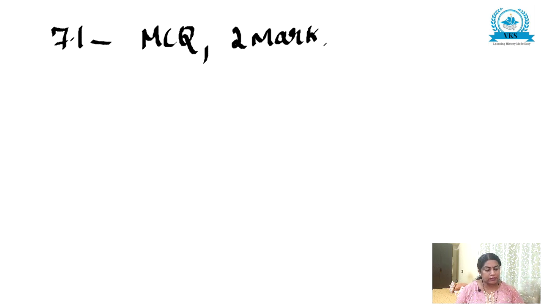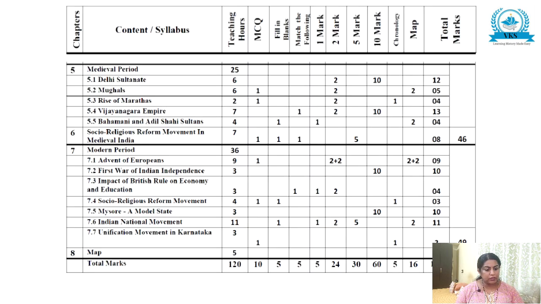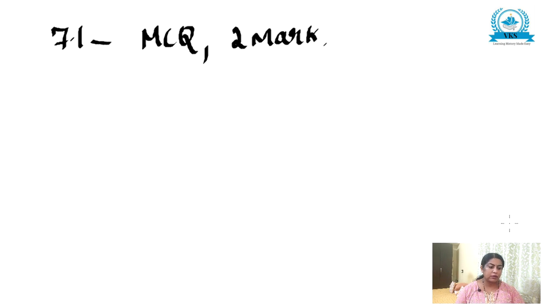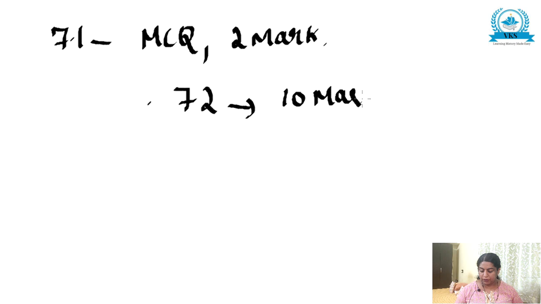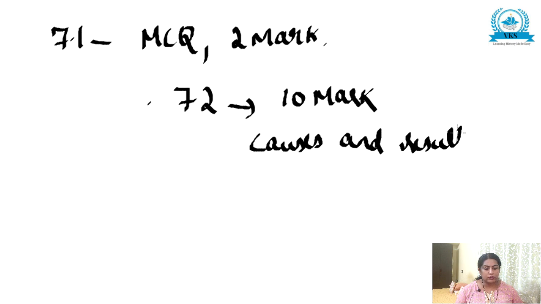Now next let us move on to chapter 7.2. In 7.2, that is first war of Indian independence, 1 10-mark question can come from this chapter. That is a known question only. There is only 1 10-mark question there, that is causes and results of first war of Indian independence.